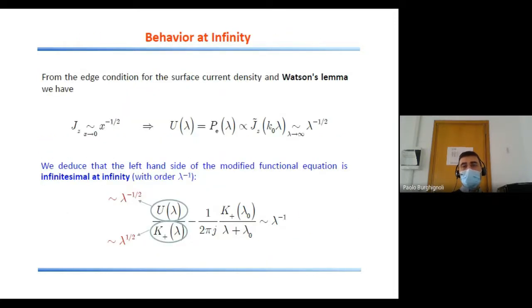Now we need to know the behavior at infinity of those functions, and that can be inferred from the edge condition for the surface current density.